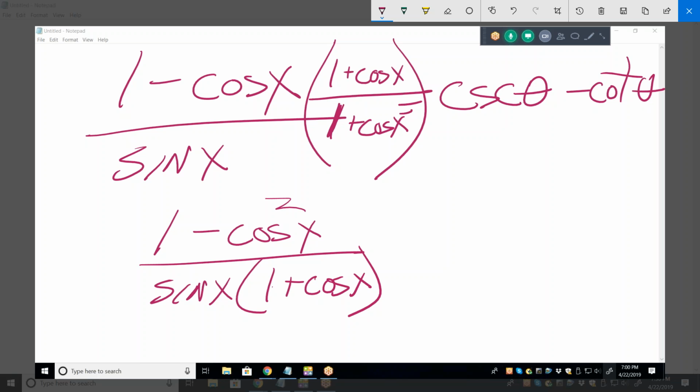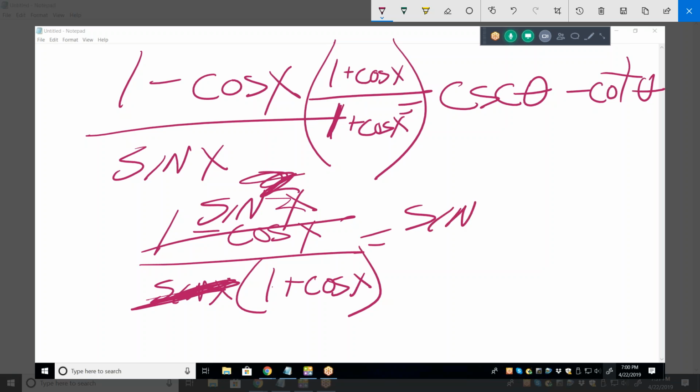What's the top turn into? It turns into sine squared. And now I can take that sine squared and cancel out that sine and that square. So what I end up with is sine of x all divided by 1 plus cosine of x.